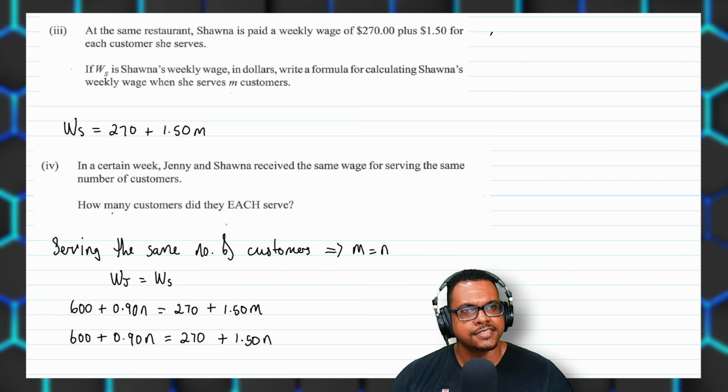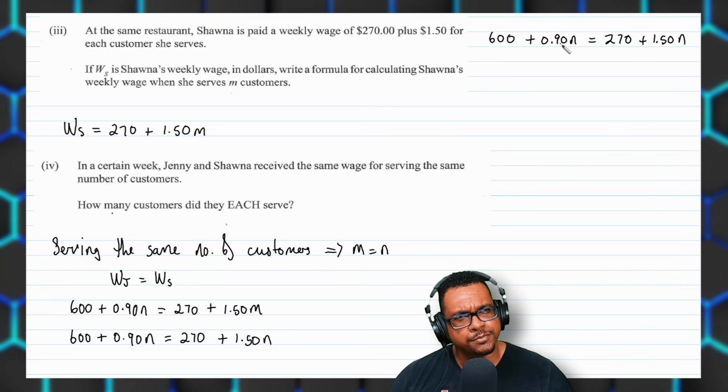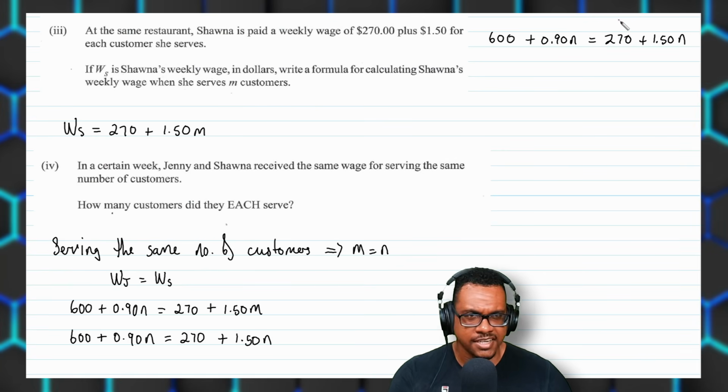We have 600 plus 0.90 times N is equal to 270 plus 1.50 times N. Now what we want to do is bring the terms with N together, that's the 1.50N and the 0.90N, and the constants, the 600 and the 270, together on the other side of the equal sign.